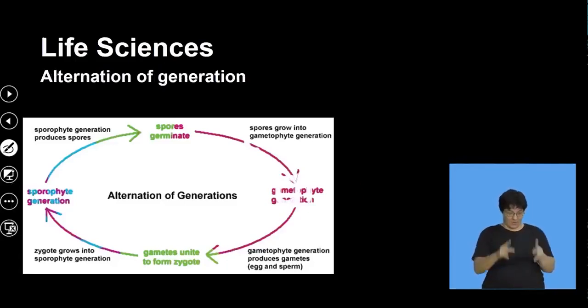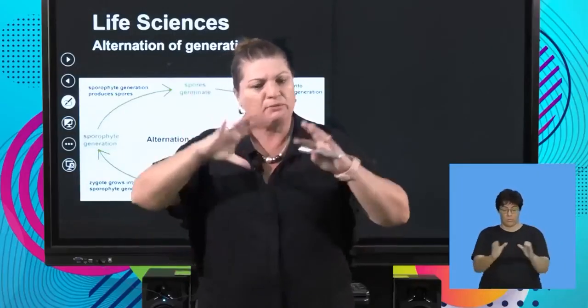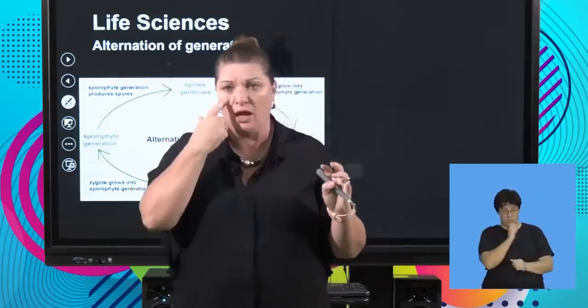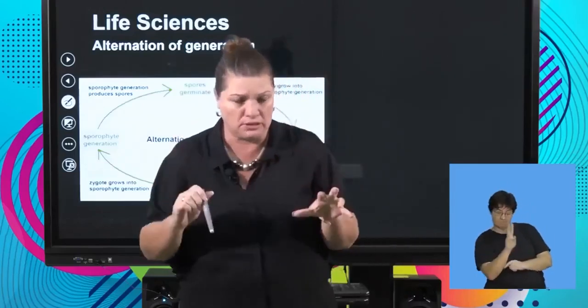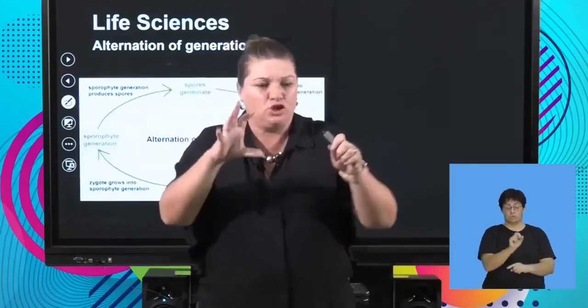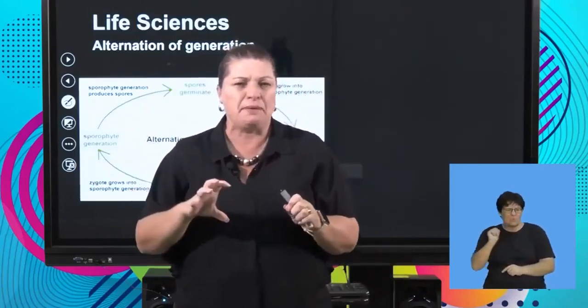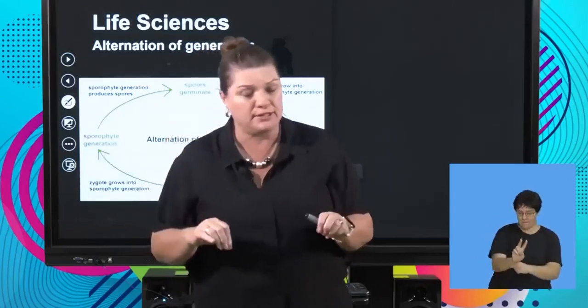Now it's a bit of a difficult term that we're going to look at. When we look at the plants in the 4 different groups, I'm going to give you some general terminology that we use. When we look at the plants, we're going to find 2 generations. It will become clearer when we look at the plants themselves.